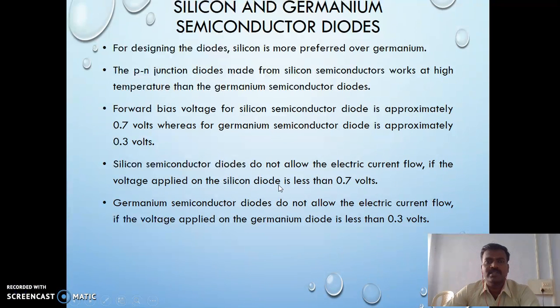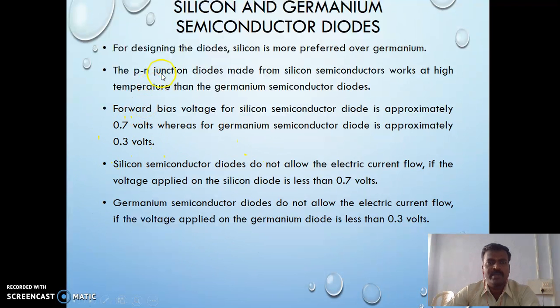Semiconductor diodes are manufactured from two materials, one is silicon, another is germanium. Both silicon and germanium diodes have a threshold voltage level. For a silicon semiconductor diode it is approximately 0.7 volts and for a germanium semiconductor diode it is approximately 0.3 volts.